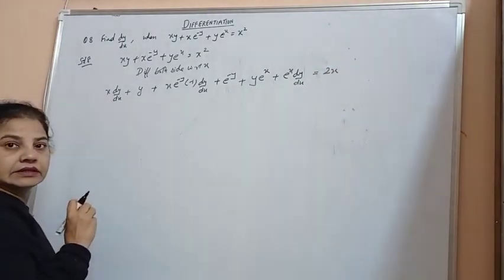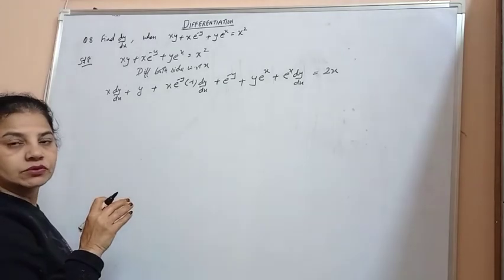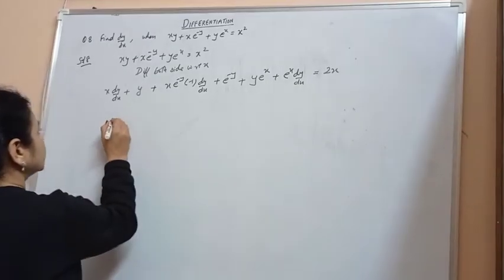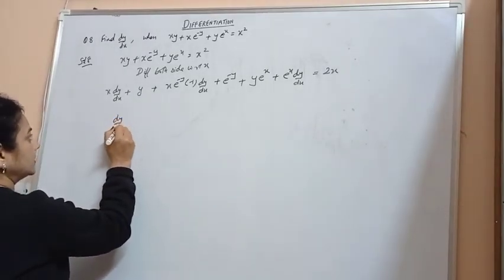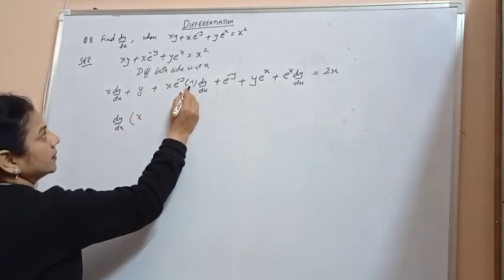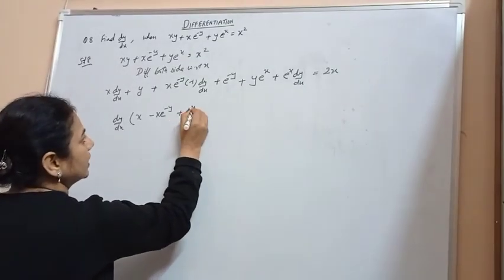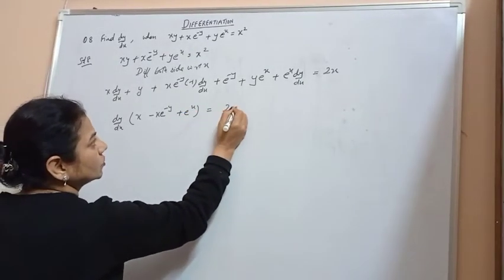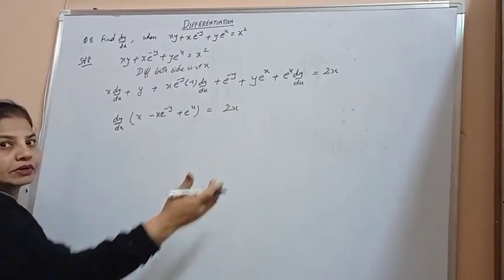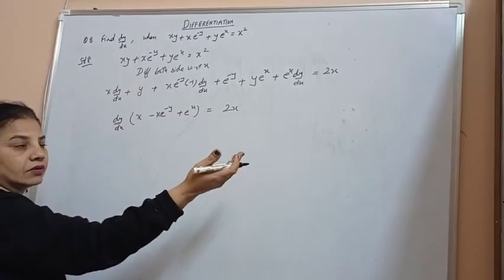First of all, I can take all the values with dy by dx common. So I have dy by dx and I have x. Here I get minus x times e to the power minus y and plus e to the power x equals to 2x. The rest of the values, the variables, I take on right hand side.